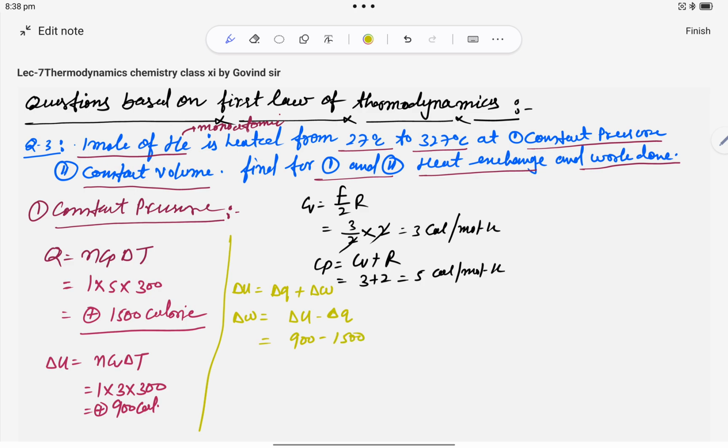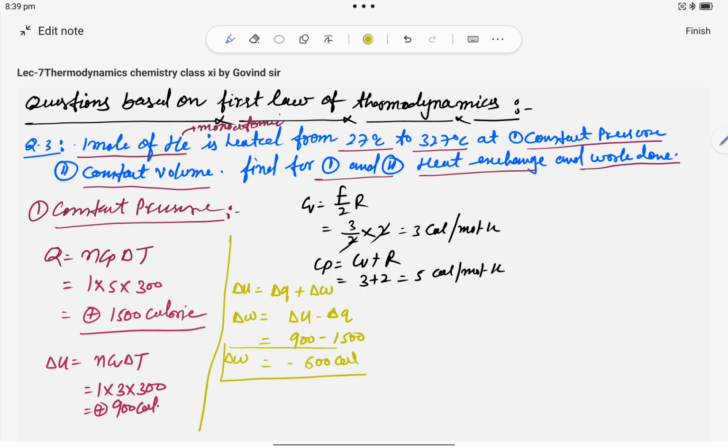So the answer is minus 600 calorie. That is the work done. Got it? Any confusion? Minus 600, that is W.